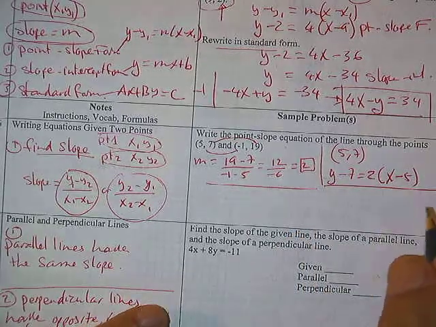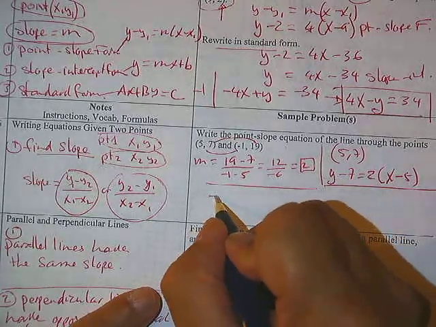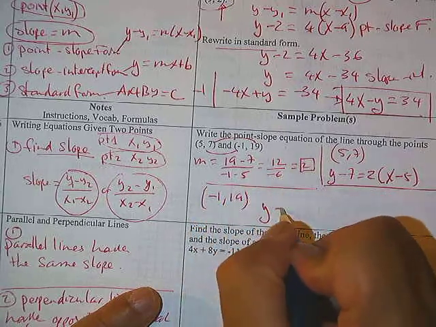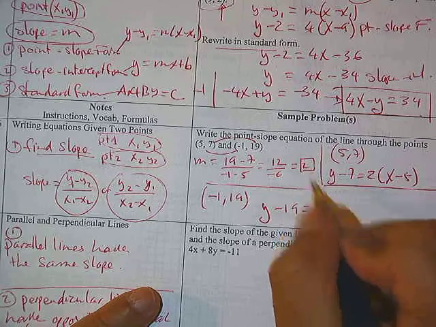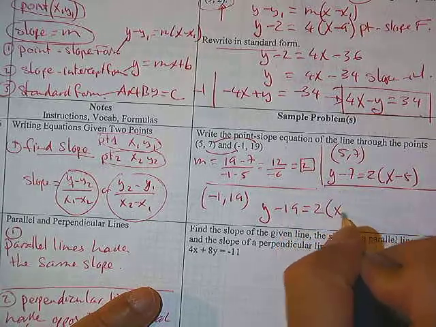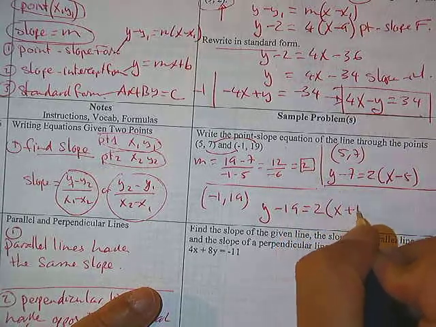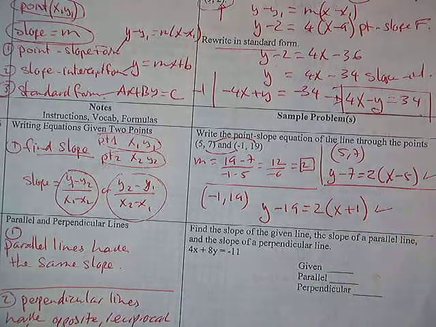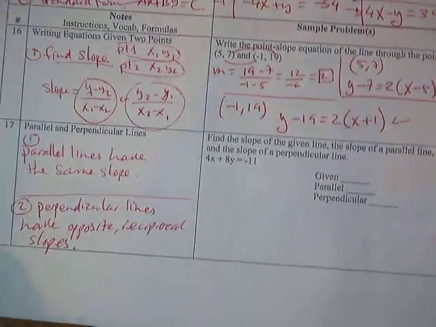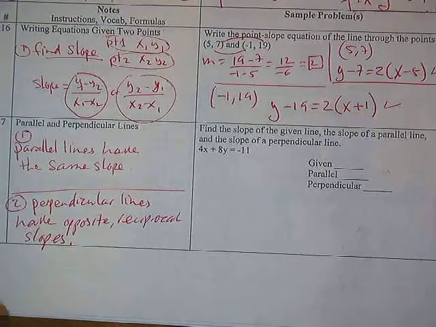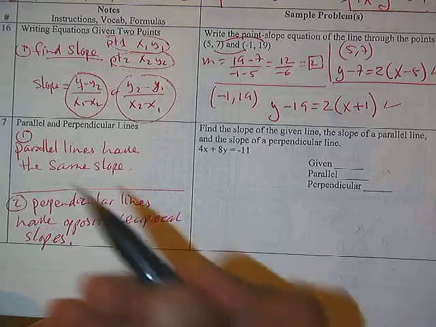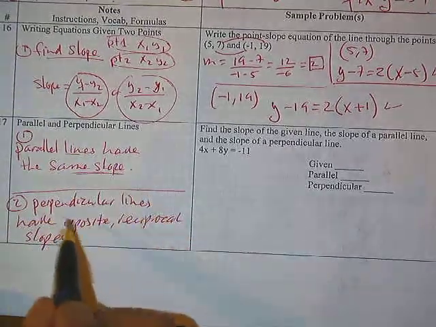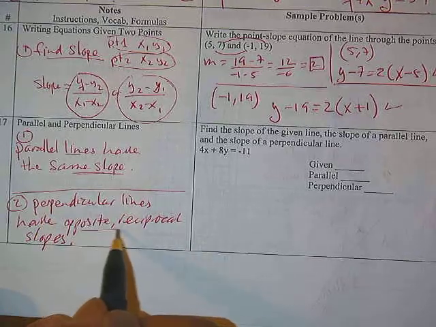Okay, so now if we use the point 5, 7, then the point-slope equation would be y minus 7 is equal to negative 2 times x minus 5. There we go. And if you were to use the point negative 1, 19, then your point-slope form would be y minus 19 is equal to negative 2 times x minus negative 1, or x plus 1. There we go. Both legit.